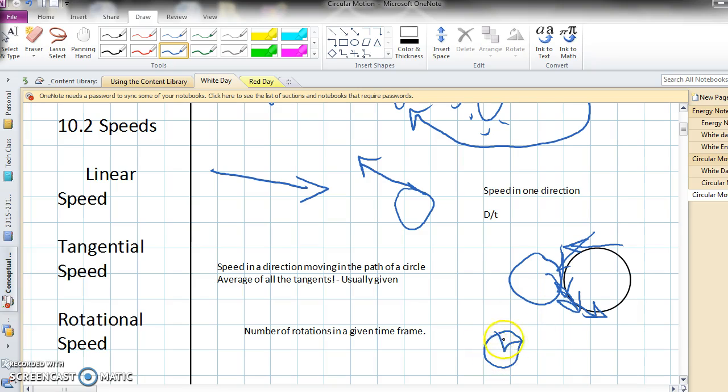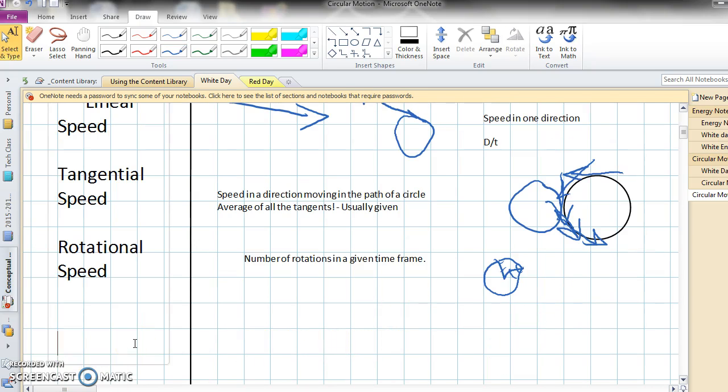But no matter where you are on this plate or on this circle, your rotational speed is the same. Whether I'm making a fourth of a rotation, a half of a rotation, or 3 rotations, it's all the same.